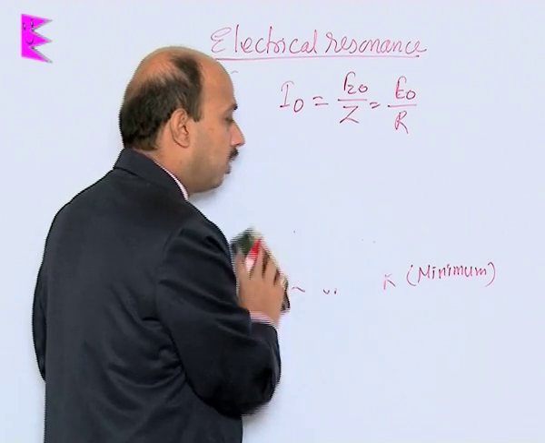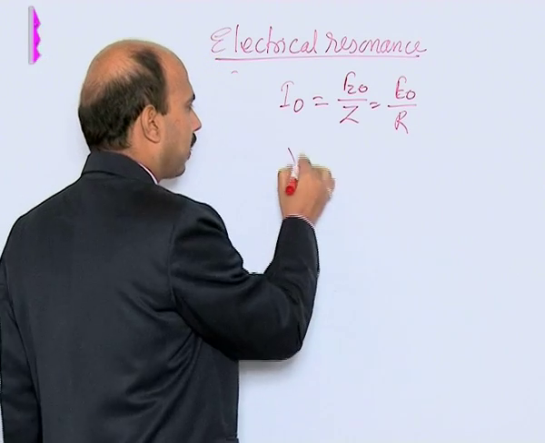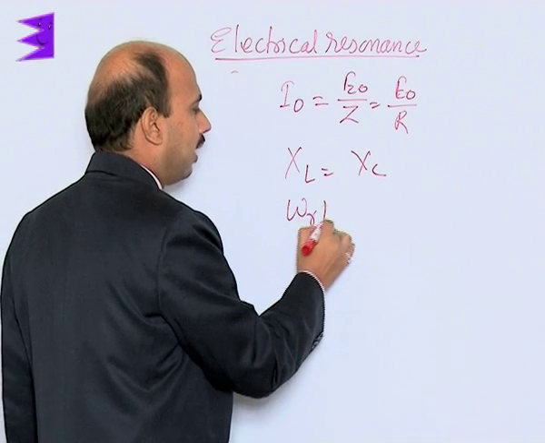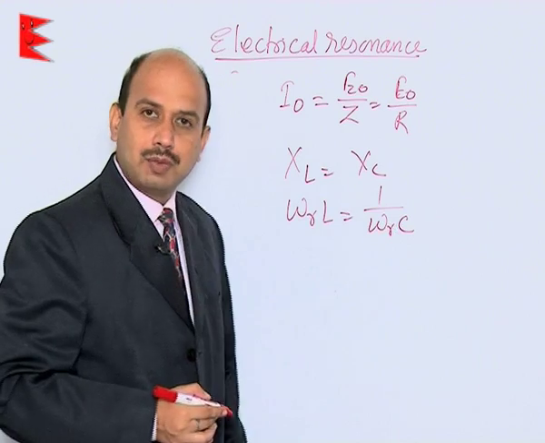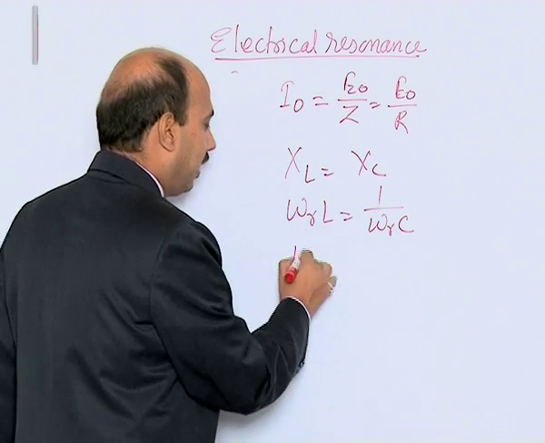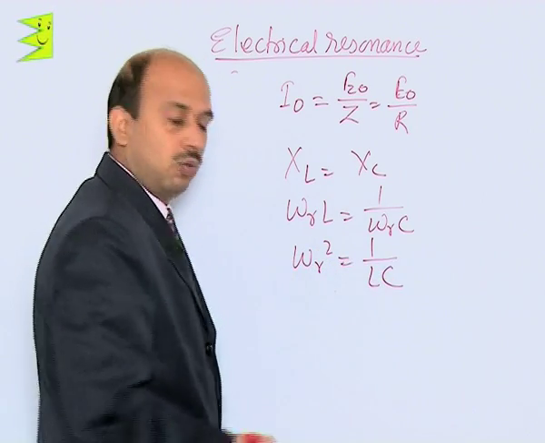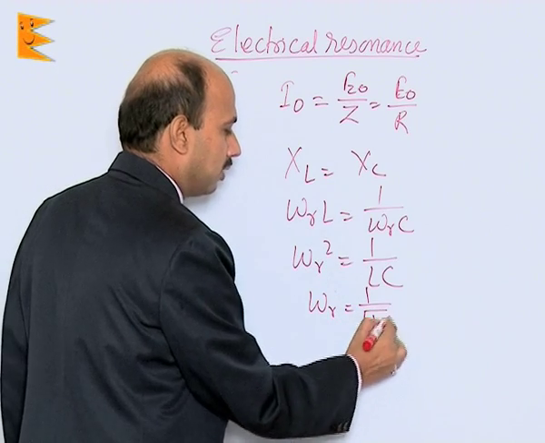Now what is the frequency at which this resonance occurs? We have XL equal to XC. So we can write omega R L is equal to 1 upon omega R C, where omega R is the resonant angular frequency. So omega R square is equal to 1 upon LC, and omega R is equal to 1 upon the square root of LC.